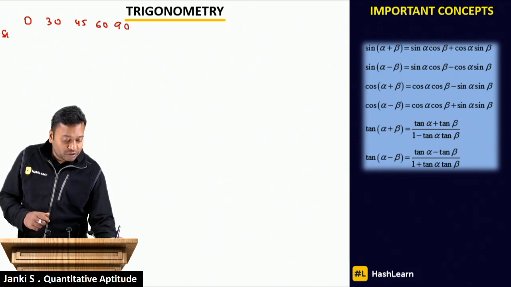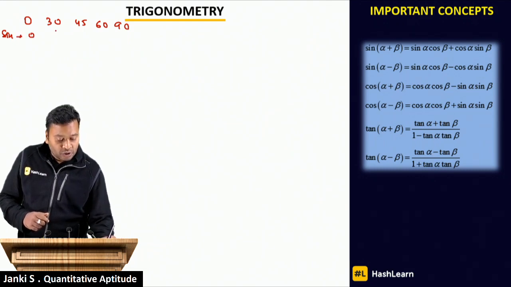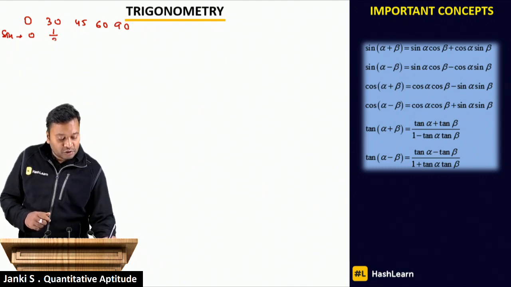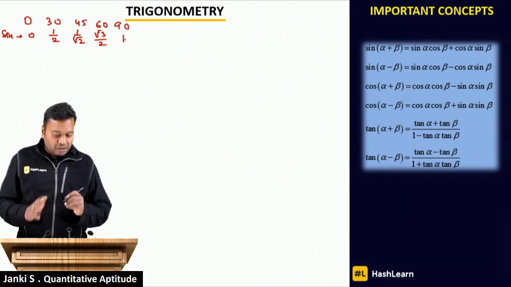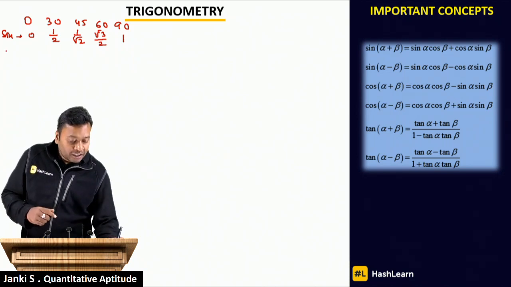If I'm talking about sine theta, sine 0 is 0. Sine 30 is 1 by 2. Sine 45 is 1 by root 2. Sine 60 is root 3 by 2, and sine 90 is 1. We'll brush up these so that we can utilize them directly.